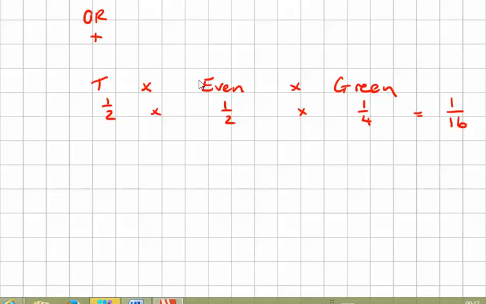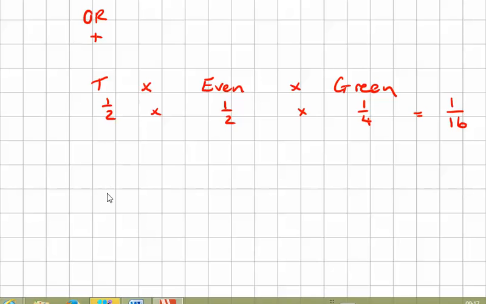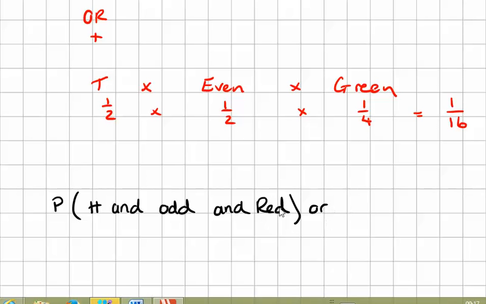Now guys, to extend it a little, using that same tree diagram, so you don't have to rewrite things, this is why we did the full tree diagram. What is the probability of getting a head and odd and red, or sorry, I shouldn't have had a bracket there.